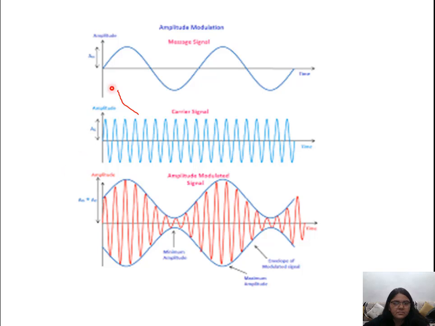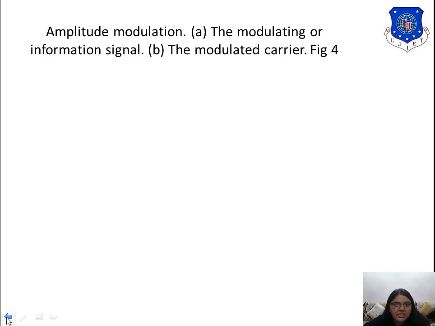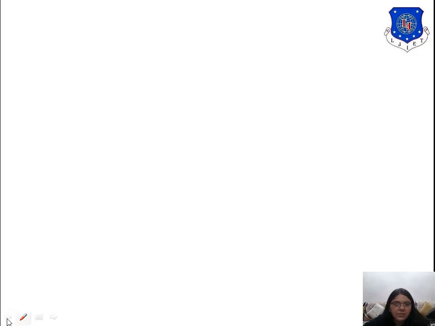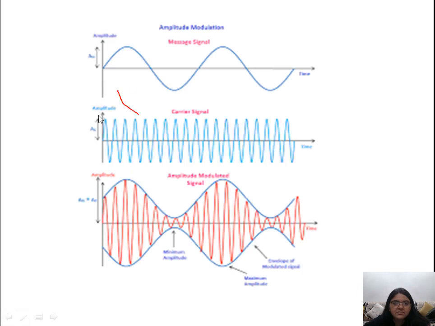Here you can see that the amplitude of the modulating signal is 0 over here, so there is no change in the carrier amplitude. As the modulating signal amplitude increases, the carrier amplitude increases.